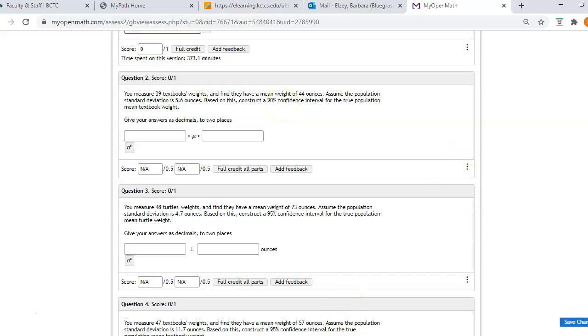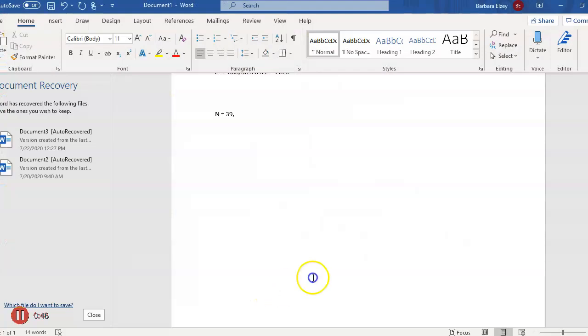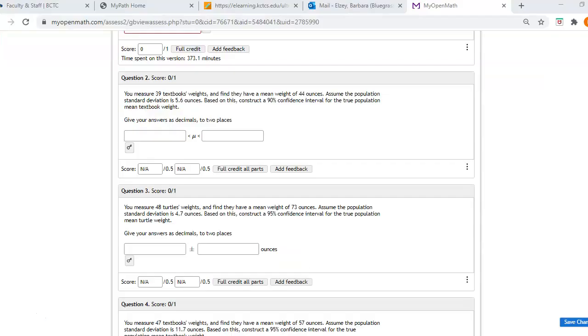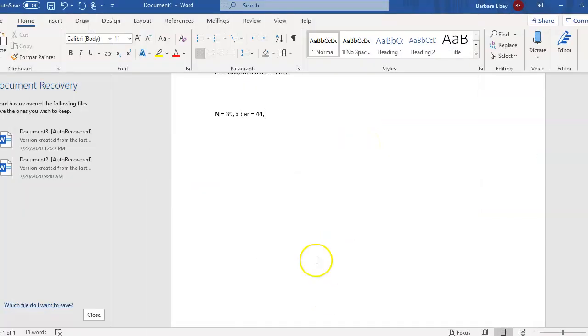So the sample mean, X bar, is 44. Instead of finding the X bar symbol, I'll just type X bar. And then the population standard deviation is 5.6 ounces, so sigma is 5.6. And again, instead of finding the symbol, I'll just type sigma.